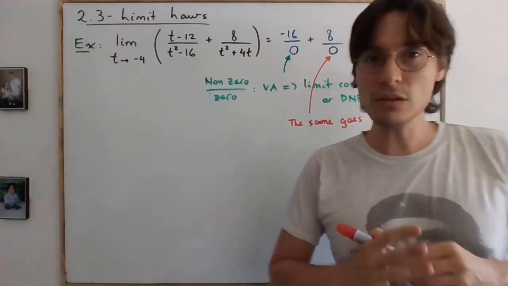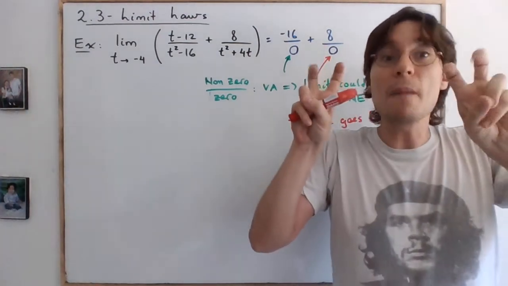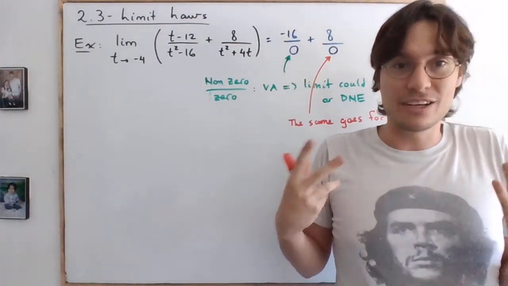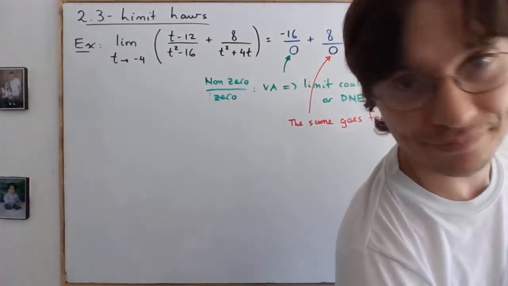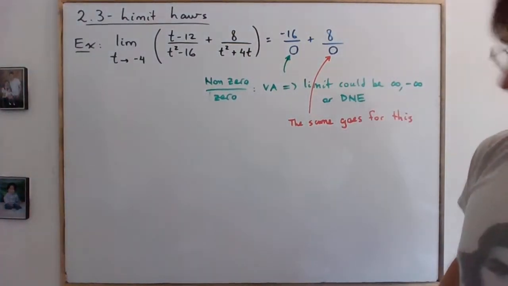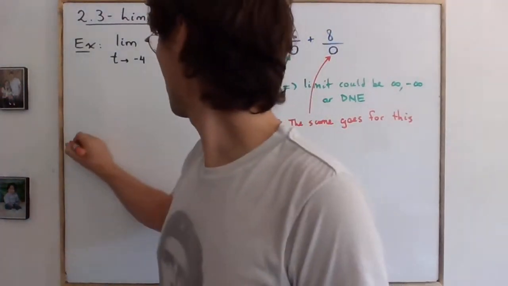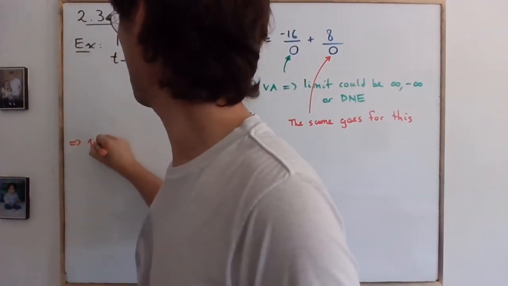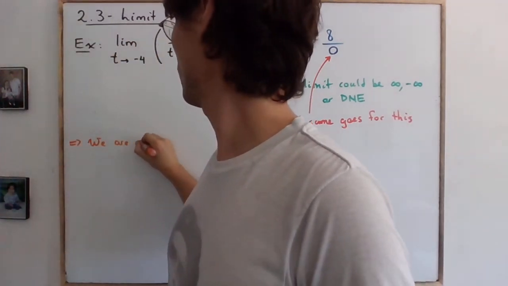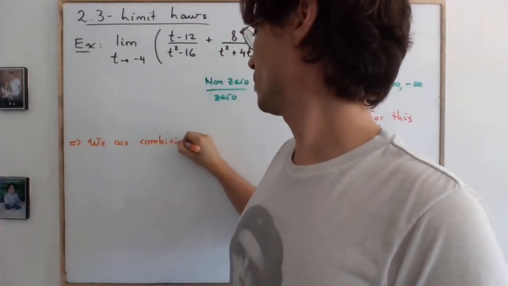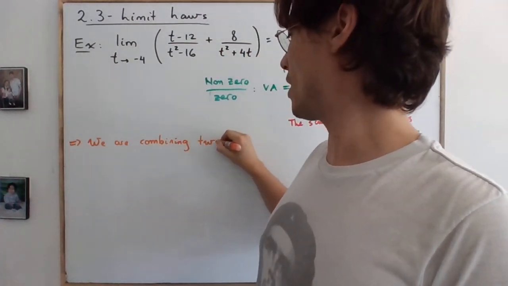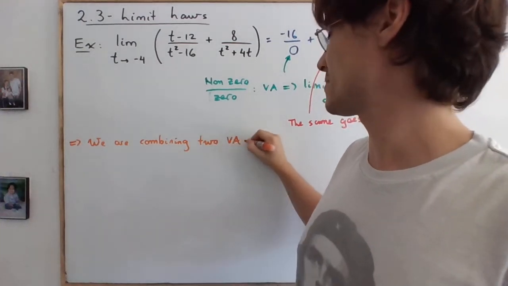So as a result, we end up combining, adding two vertical asymptotes.